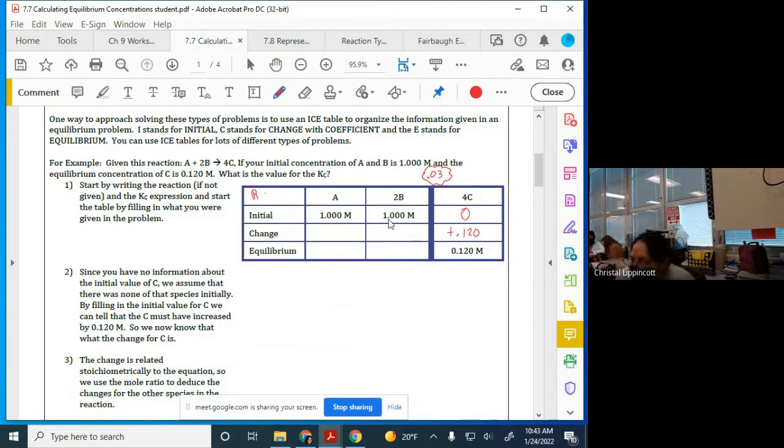This one is going to be reduced because we didn't start with any of this, so we would have to take from here to make this. And this is going to be minus 0.03. So then this will end up being 0.97 at equilibrium. This guy will be 0.94.